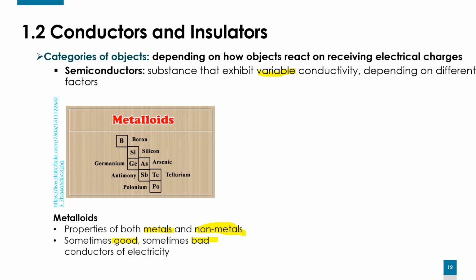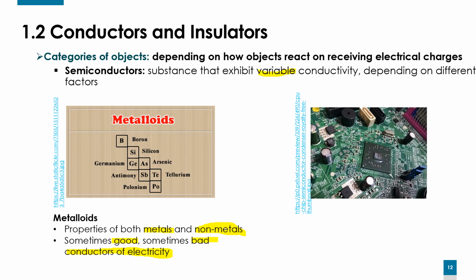It depends on the signal they are receiving, on how they are going to behave. This is very useful for electric circuits, because sometimes in the circuits I need to conduct electricity, sometimes I don't.